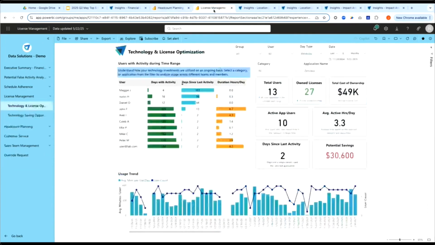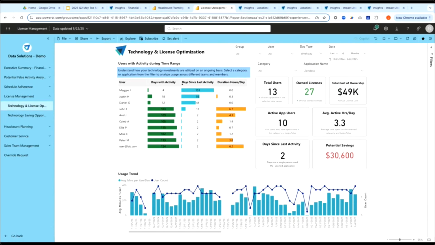And just to show you the last flavor of this, instead of now looking at investments in people, we're going to look at investment of people through license and technology, right? Because companies obviously invest in people through different mechanisms. In this case, it's the tools that you buy for your employees to be proficient, to be productive, to generate revenue, et cetera.